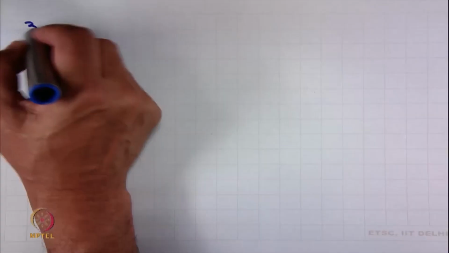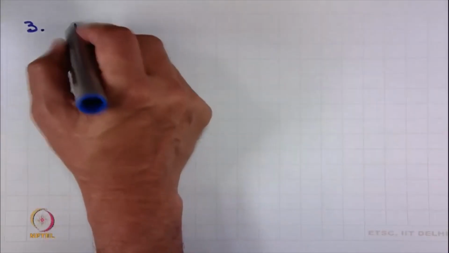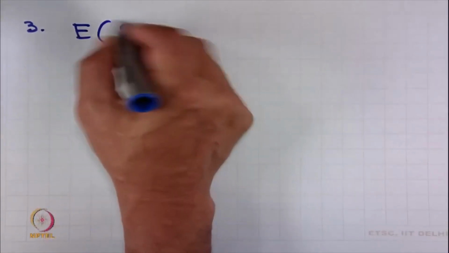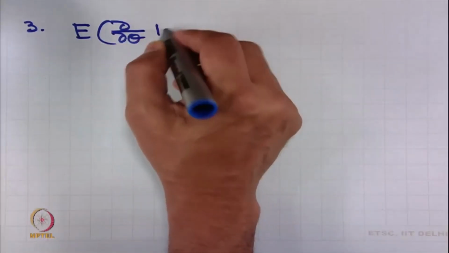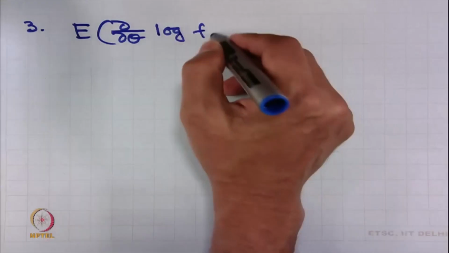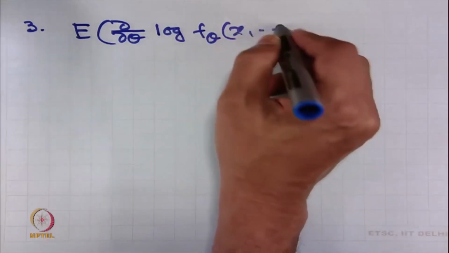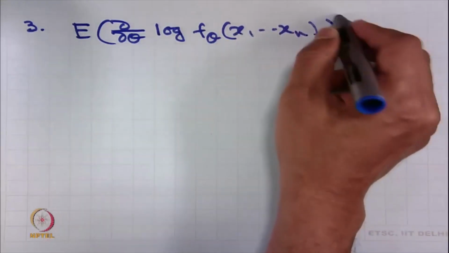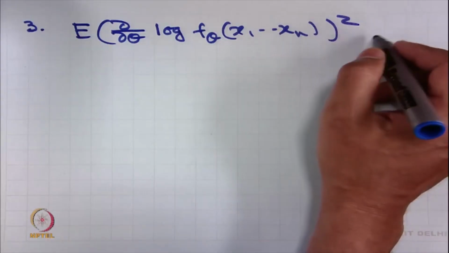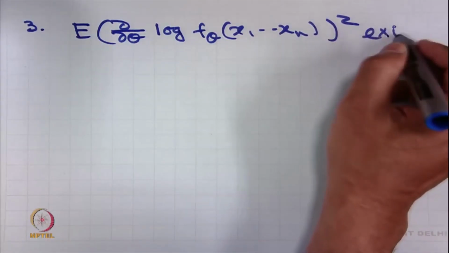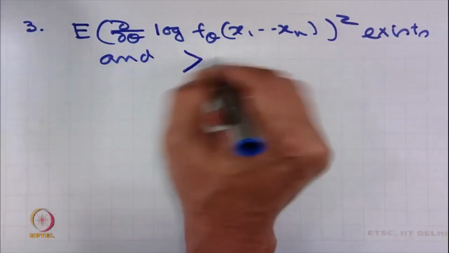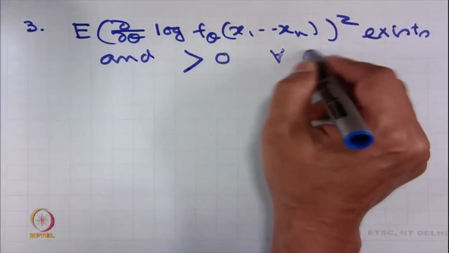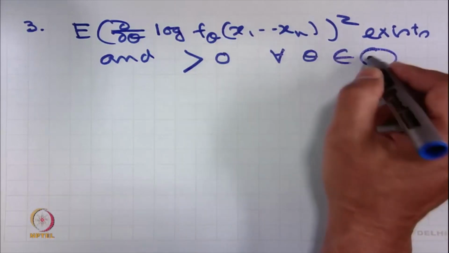Three, the expected value of del theta of log of f theta of x 1 x 2 x n, whole square, exists and is greater than 0 for all theta belonging to capital Theta.